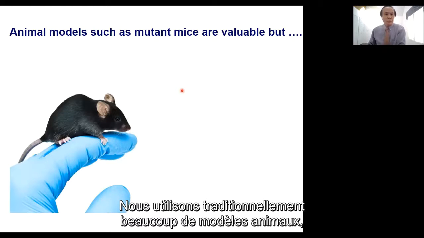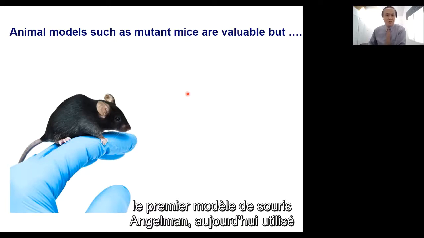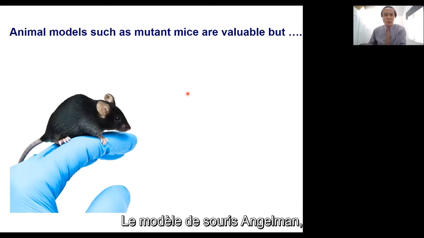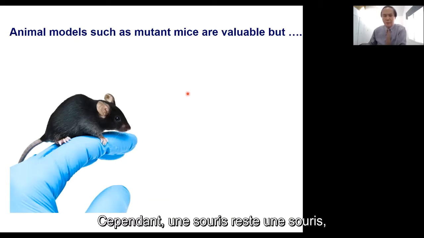Historically, we use a lot of animal models. As some of you may know, when I was a student, I created the first Angelman mouse model, and it has now been used by many investigators to develop treatments for Angelman. So clearly, the Angelman mouse model or other animal models are valuable. However, a mouse is a mouse.